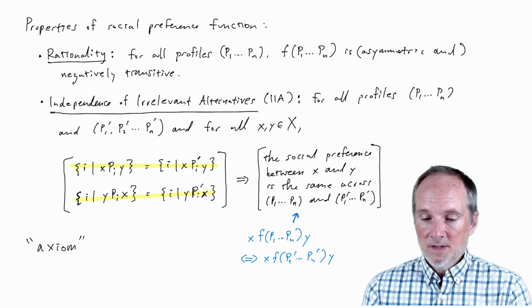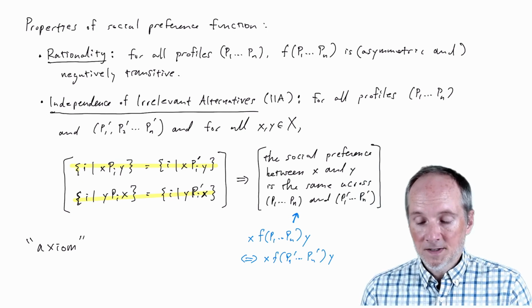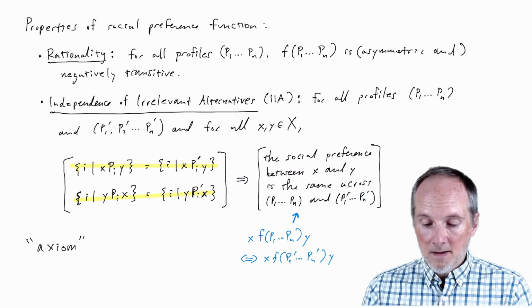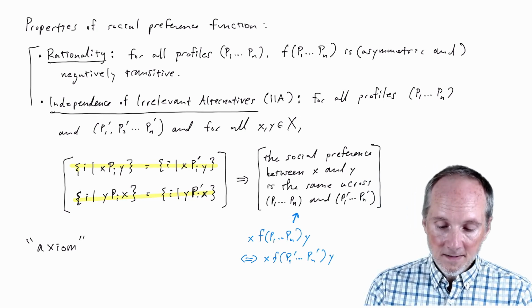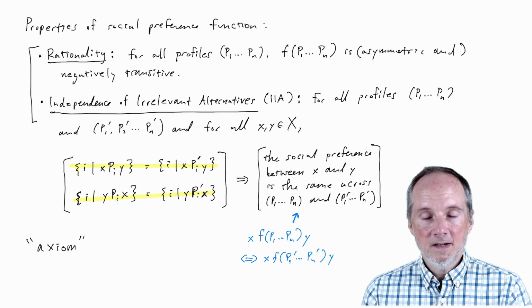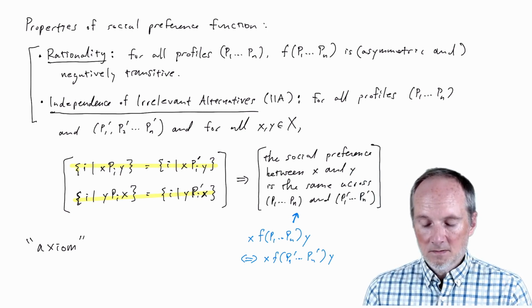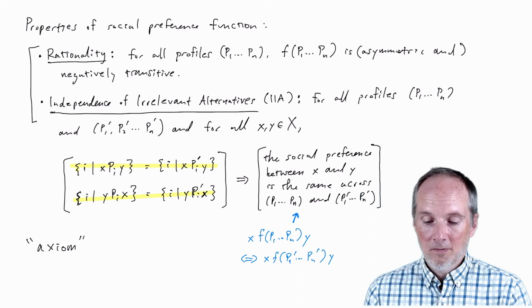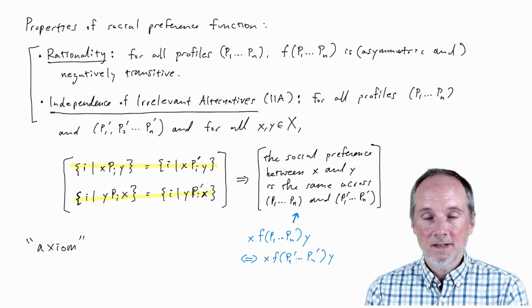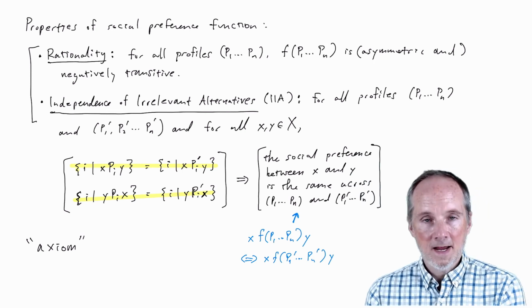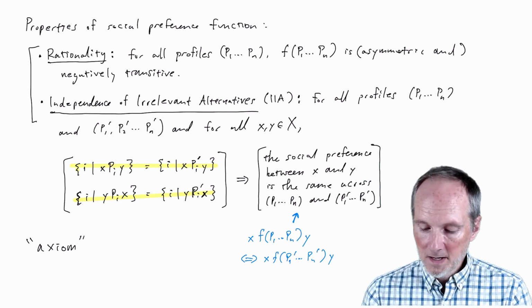An axiom is really just a property of interest that's compelling, and these two properties that we've defined here in a formal way, those are axioms. Okay, so if you have wondered what an axiom is, you've just seen two axioms. There's the rationality axiom and there's the IIA axiom.